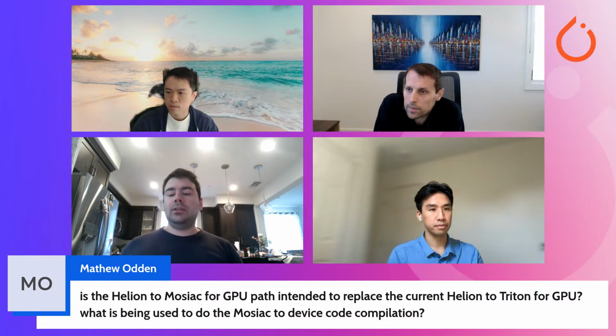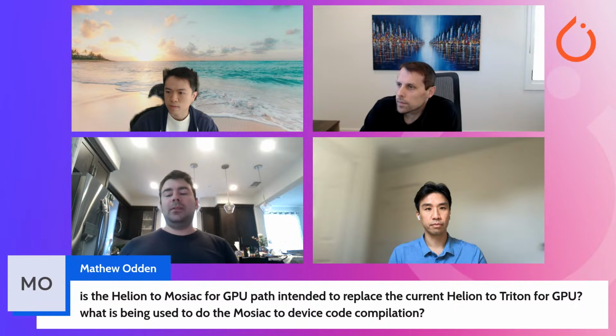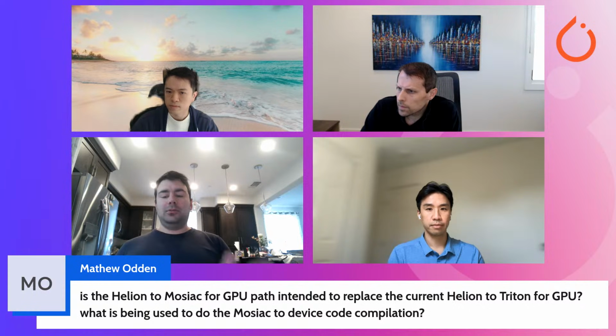When you want to generate code for a GPU, we don't want to limit you to our Triton backend. In the future, when we build more backends, possibly for other GPUs, we don't want to limit you to saying we only have the Triton one, or we only have the Mosaic one. We want the user to be able to pick between different options. When we have the Mosaic backend, we will not force you to use one or the other.